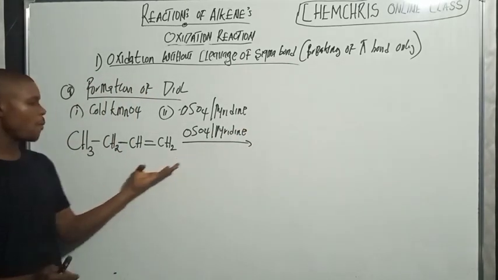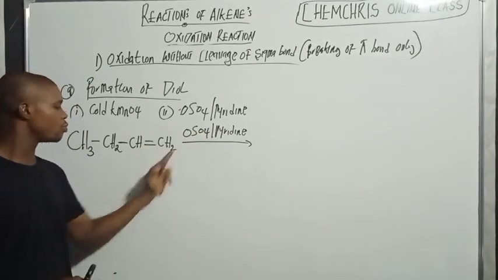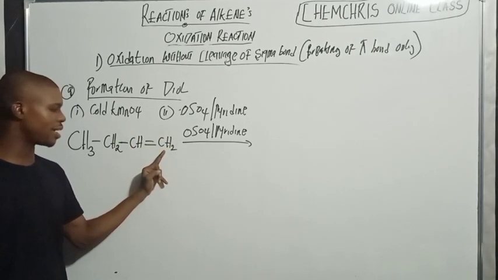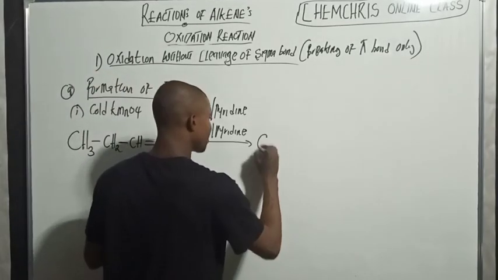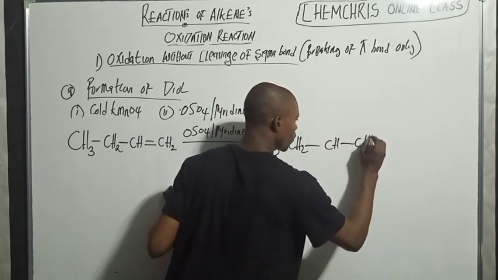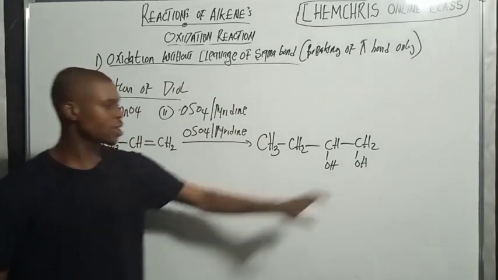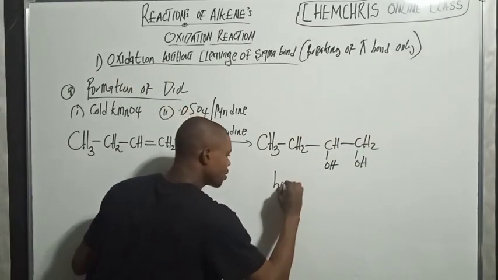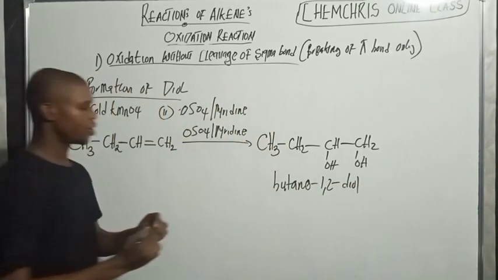Now, what we have here, remember that it will produce similar results, right? So it will only affect this one. So OH should be added here, OH should be added here, then the pi bond will disappear. So you have CH3, CH2, C. So here we have OH and here we have OH. So what's the product of the reaction? One, two, three, four. So it's going to be butane 1,2-diol.